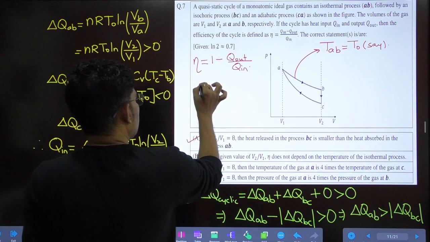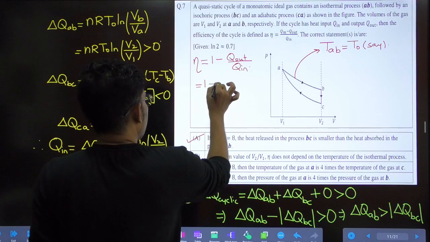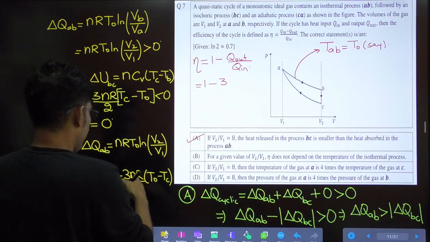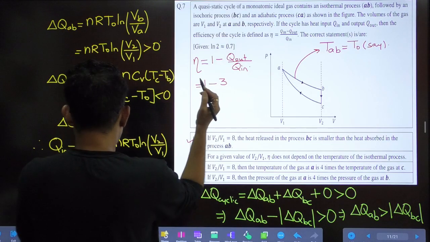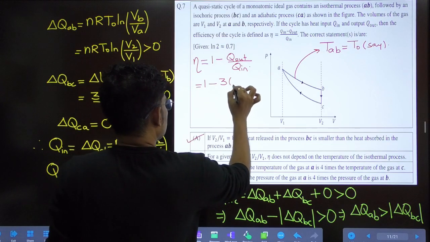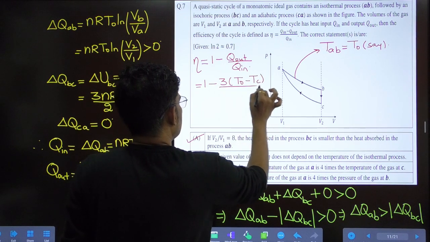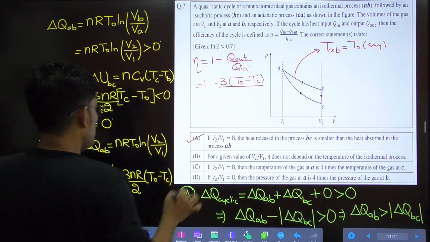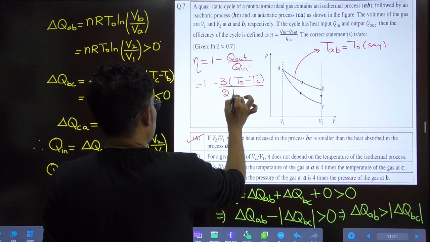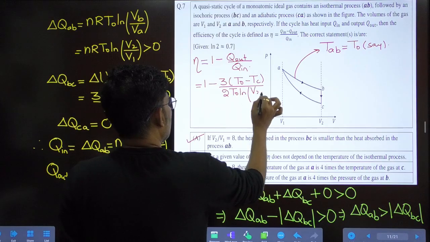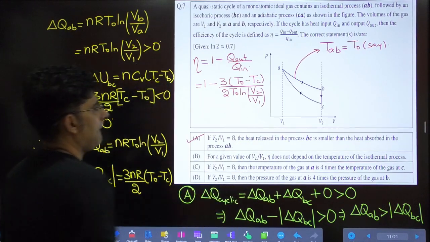So you will get 1 minus 3(T₀ − T_C) divided by 2T₀ natural log V₂ by V₁.